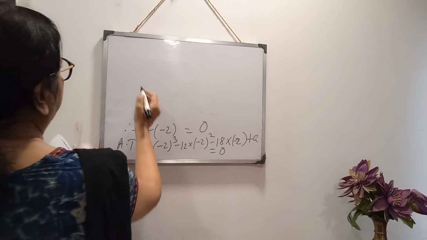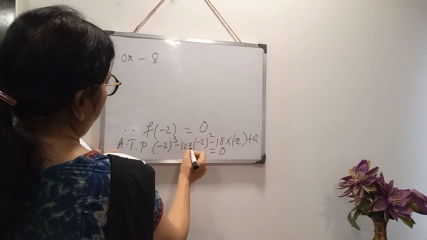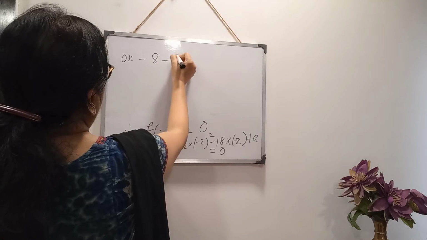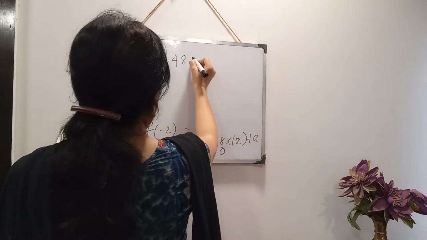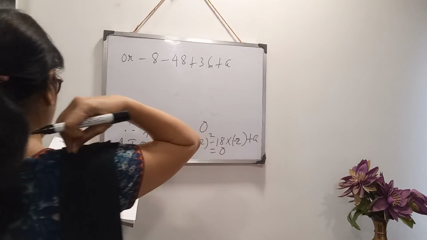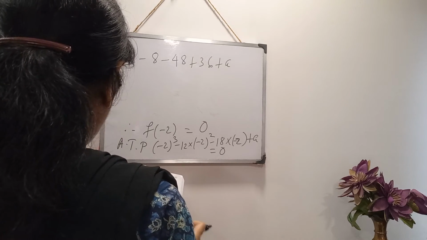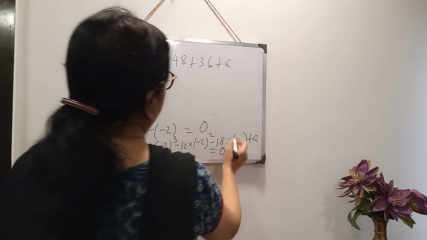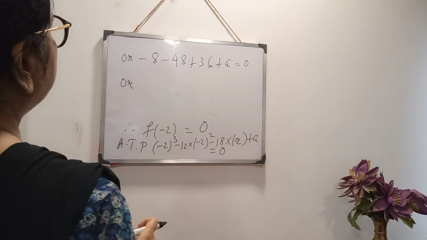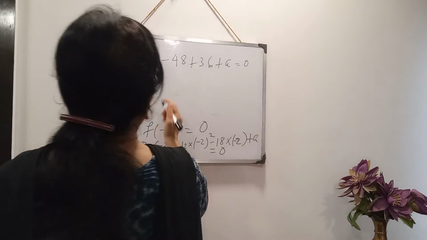It is coming -8, 12 into 4 is 48, minus 48, plus 36, plus a equals to 0. Or -48 minus 8 means -56 plus 36, that means -20.